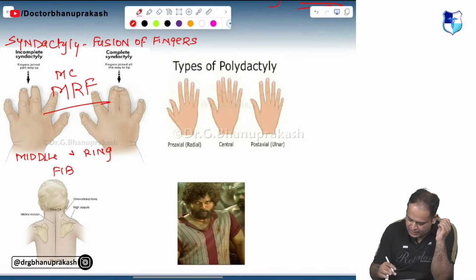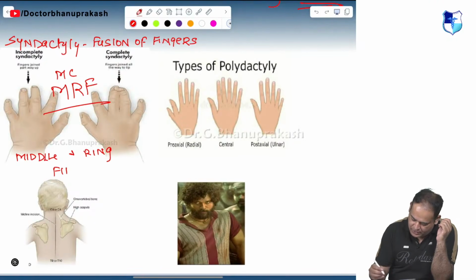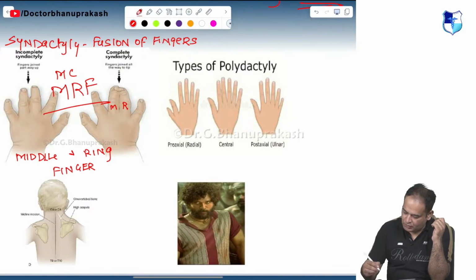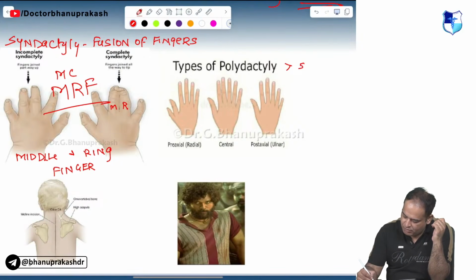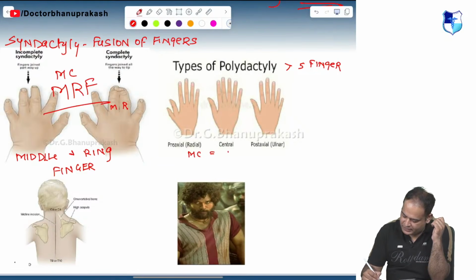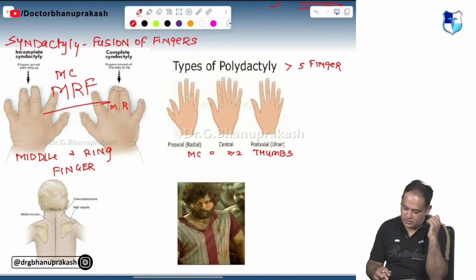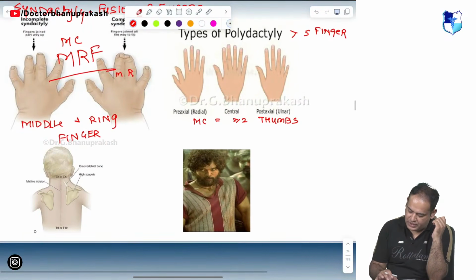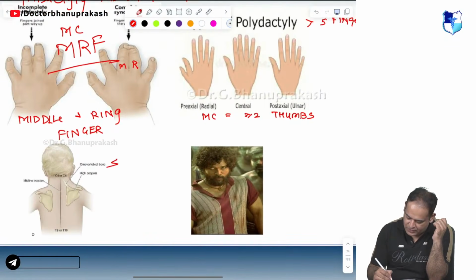Most commonly it is seen between the middle and ring finger, right? Polydactyly is more than 5 fingers, and most common is 2 or more than 2 thumbs, right? 2 or more than 2 thumbs. Now what is this?